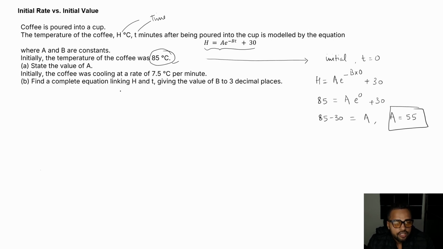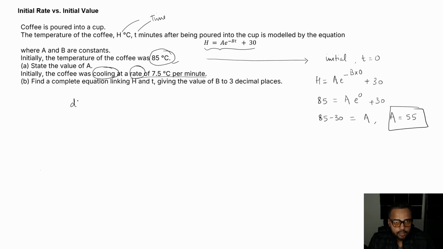Now in the second statement, student, they have given that the coffee was cooling at a rate of 7.5 degrees Celsius per minute. Okay, one more important term is that it is cooling. Whenever this term rate comes in the question, it means we need to differentiate.